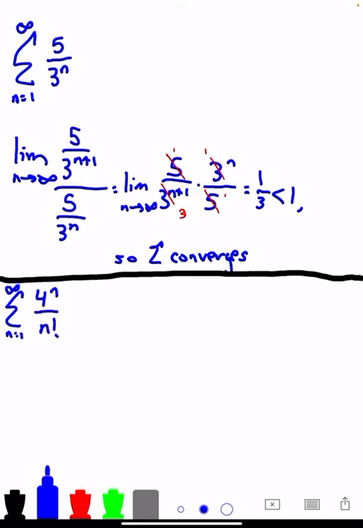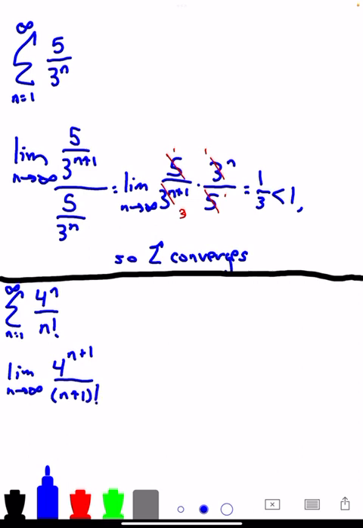Let's go 4 to the n over n factorial. Okay, we want to come down. Once again, we want to let our limit, as n approaches infinity, we replace n with n plus 1. That's going to give us 4 to the n plus 1 over n plus 1 factorial.